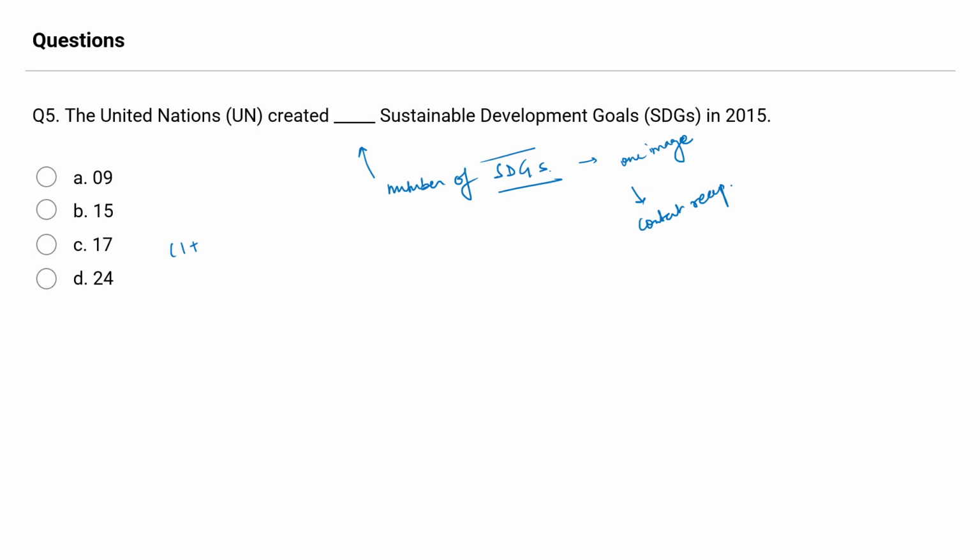Sustainable Development Goals by UN. How many goals were mentioned? 17, sir. Option C. Okay. Anyone else?